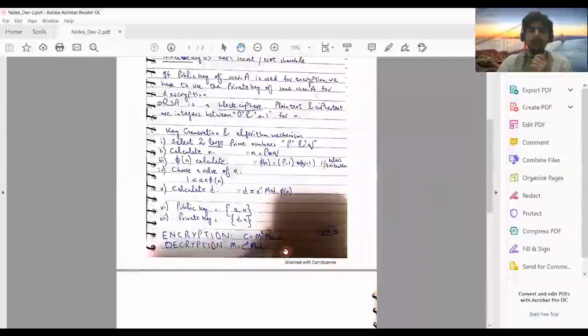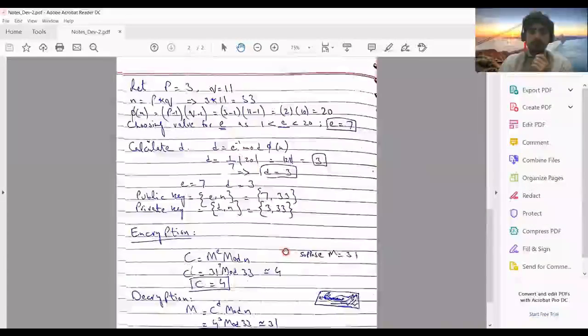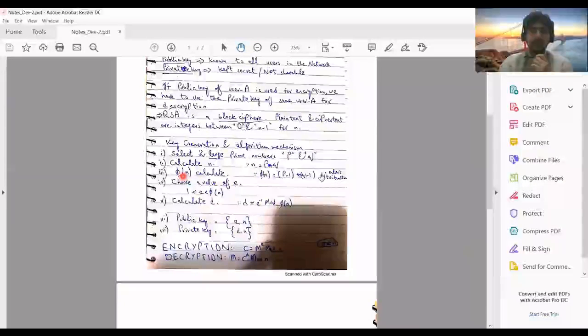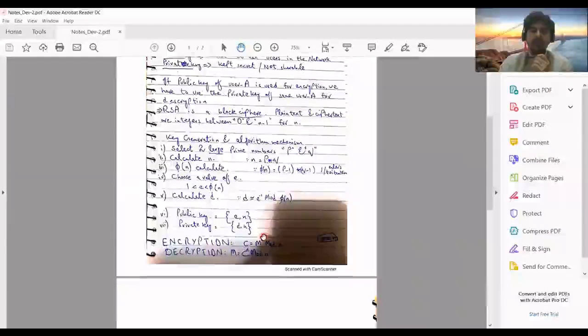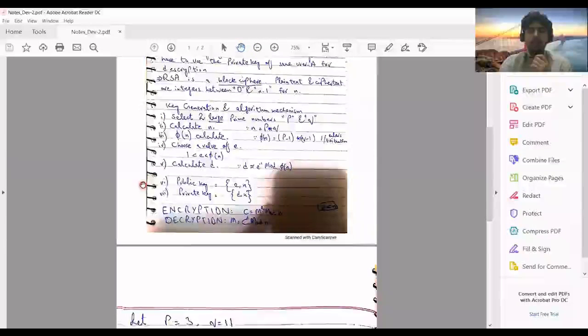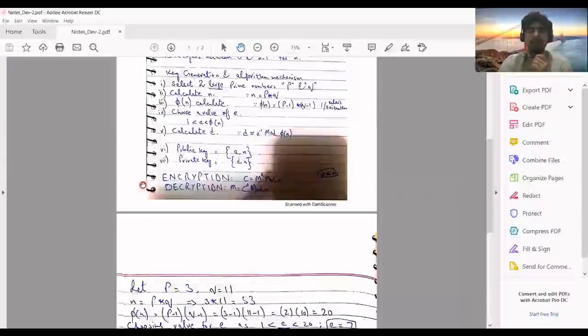Now I am going to demonstrate it in an example. For that we have to keep these steps in mind. In the first step we are supposed to select two large prime numbers. I have selected slightly smaller numbers to make the calculation easier, but it works the same with large numbers.